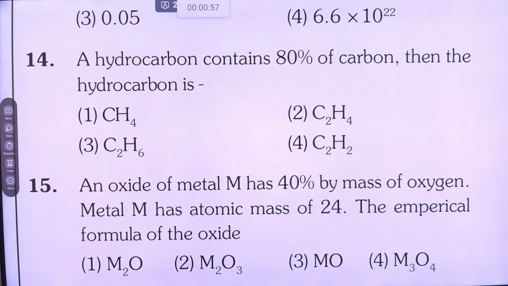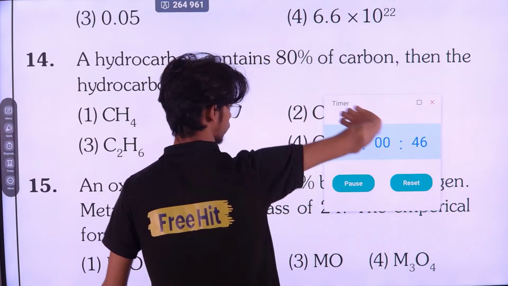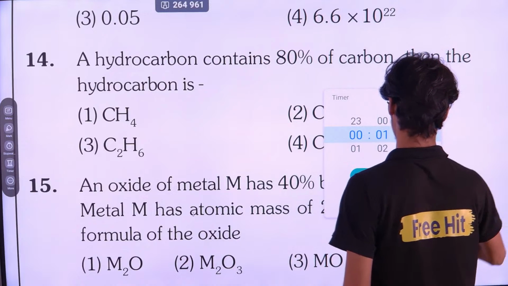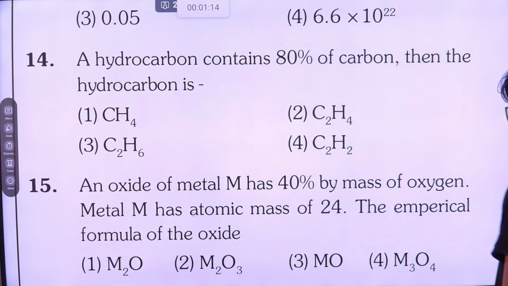An oxide of metal has 40% by mass of oxygen. A metal M has an atomic mass of 24. The empirical formula of the oxide is. Okay, this one I will give you a little bit more time. I think 15 seconds is okay. So it is asking us the empirical formula.